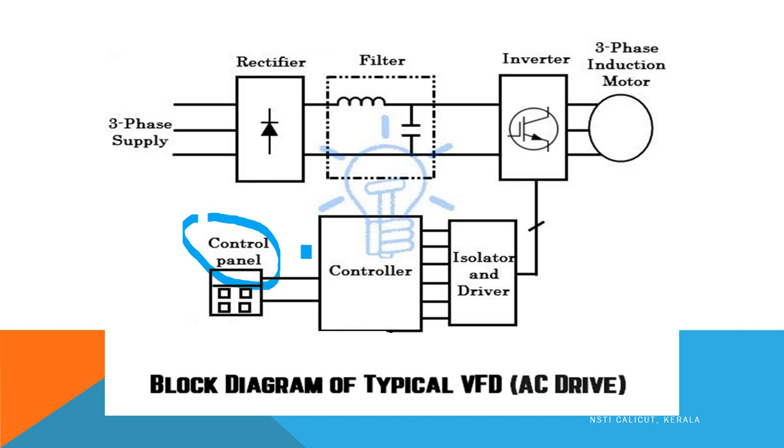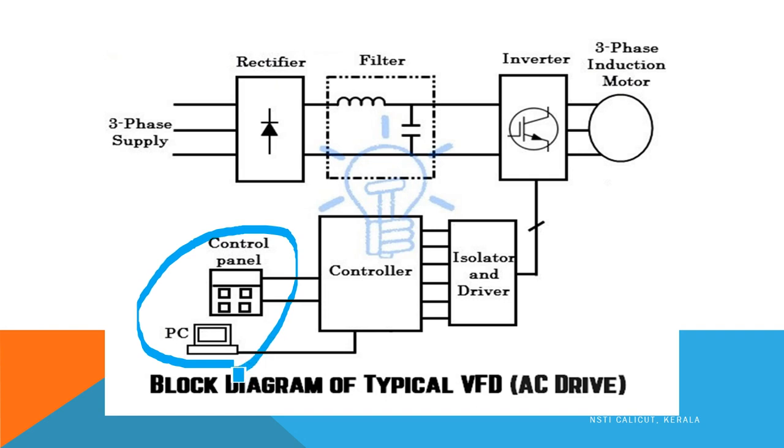We can set parameters. We can set frequency, we can change the voltage, or we can generally say changing the parameters. It is known as parameterization. So the parameterization can be done either by a control panel or by a separate personal computer. Once it is done, the controller is ready.